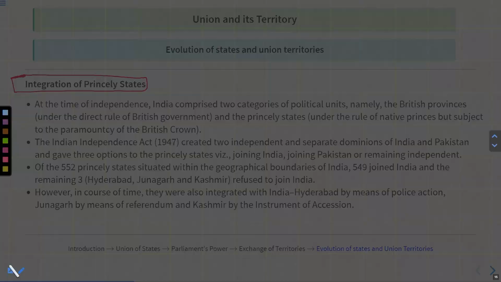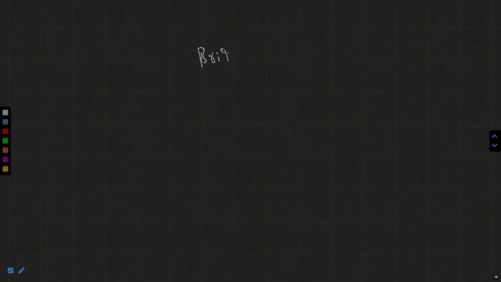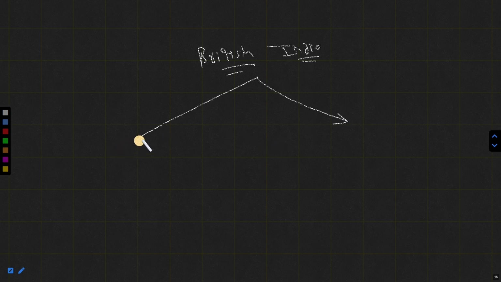All right. So whenever we talk about British India, British India had two main divisions. The first area is the British directly ruled territories. All right. That is the first area.